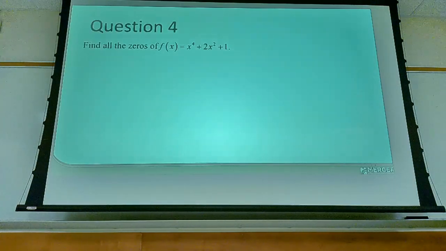But you did way too much work. Isn't that quadratic form? If you factor it, doesn't have to be factored to see that's quadratic form. Replace x squared with z. X to the 4th would be z squared, right?